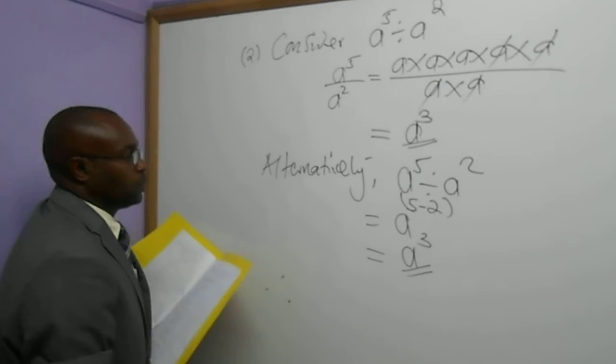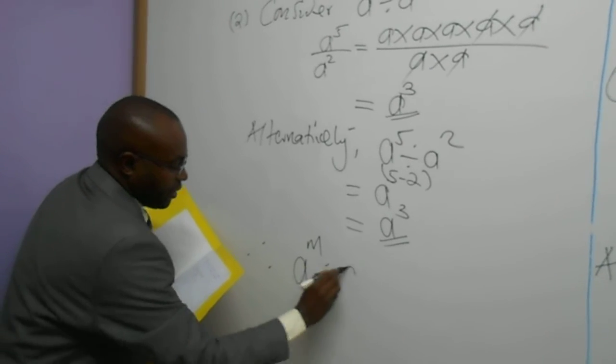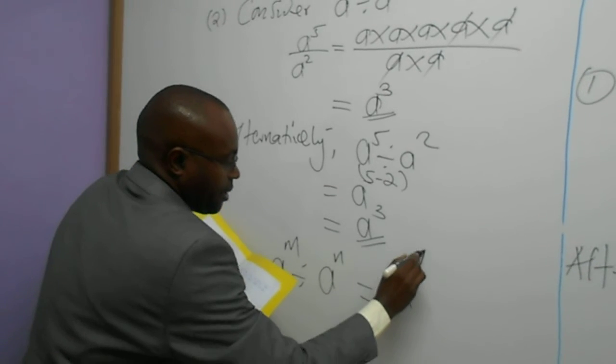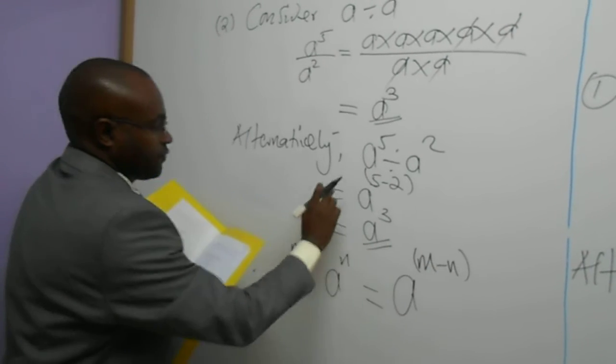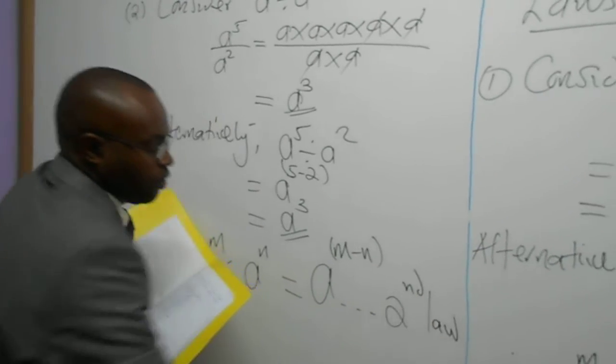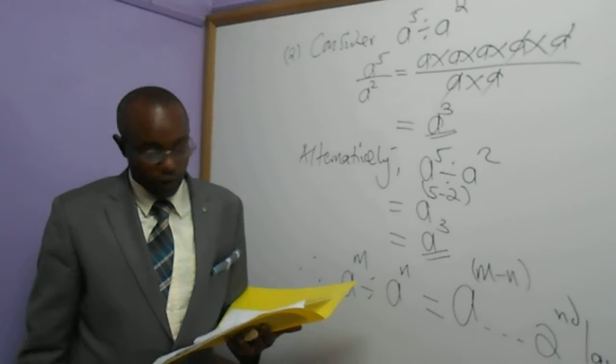Therefore, we conclude if you have a raised to m divided by a raised to n, then this one is a to the m minus n, as you have seen. And this one is called the second law of indices.